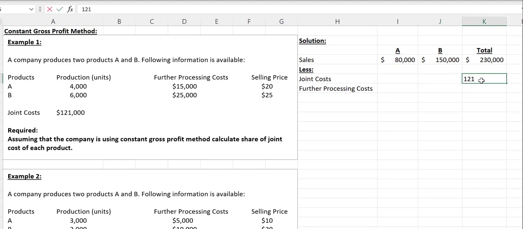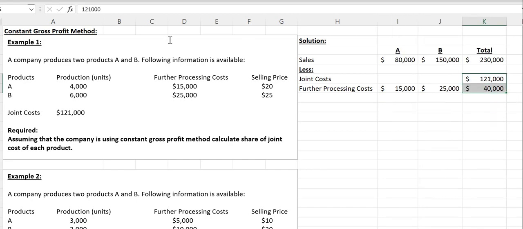I'm just writing the total joint costs here, 121,000, and then I can easily write the further processing cost, because we already know the further processing costs of each product, 15,000 and 25,000, and the total is $40,000.